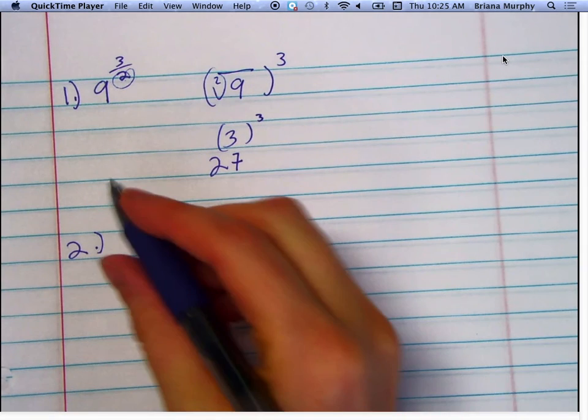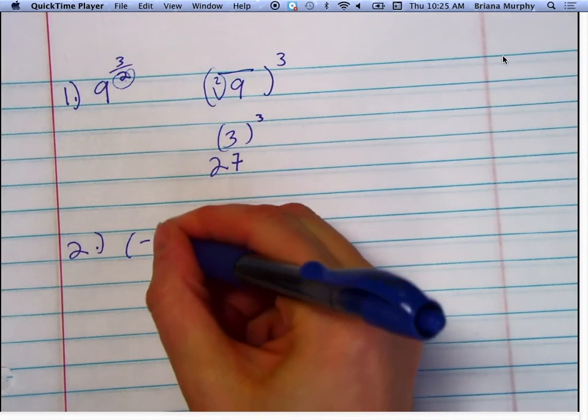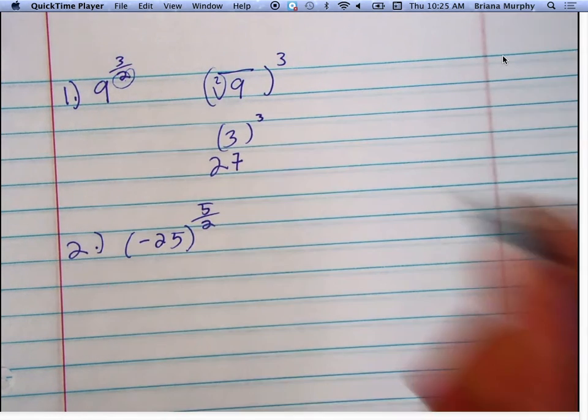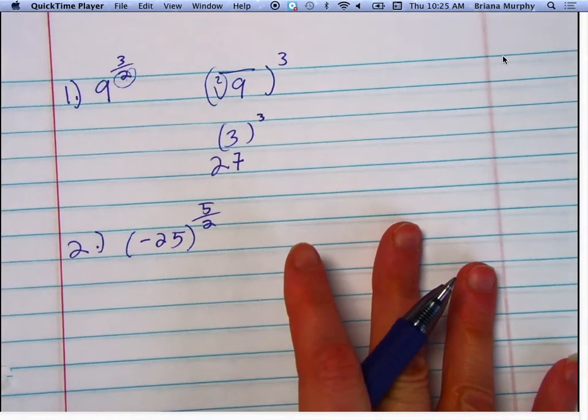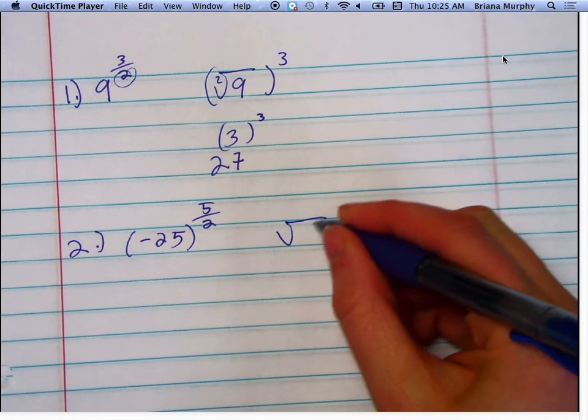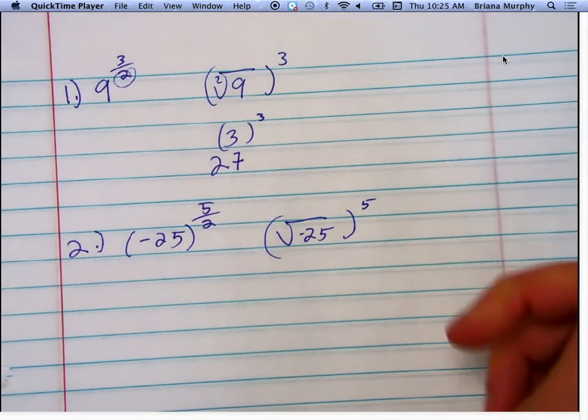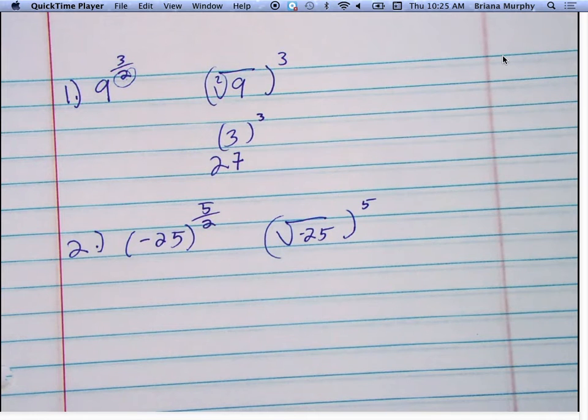Okay, so we've got negative 25 to the 5/2. What does that look like in radical terms? Square root of negative 25 to the fifth. Okay, if I stuck that in my calculator, what would it tell me? Try it.